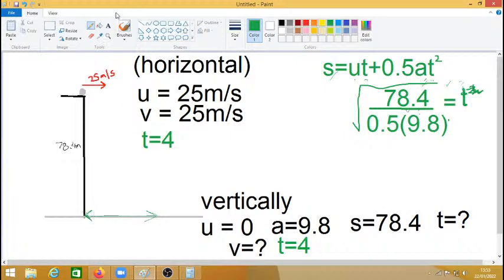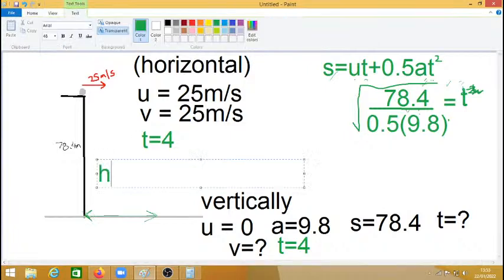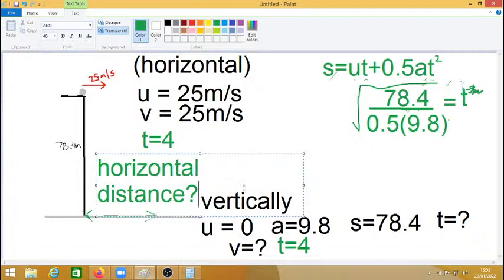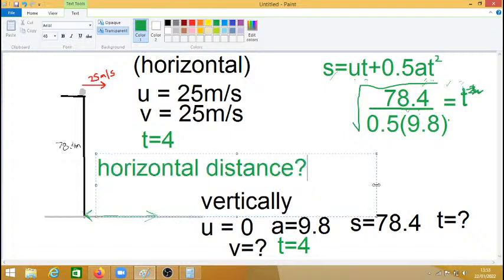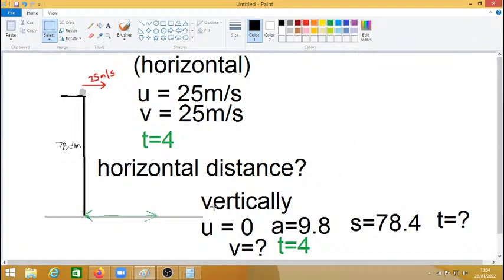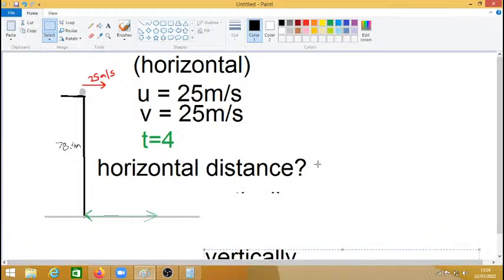Because the question says horizontal distance, we have to look at all the numbers that we know horizontally. So let's make a bit of space and take a look at that. Vertically, we can put those numbers to the side. That's probably not going to help right now, but let's look at it horizontally.